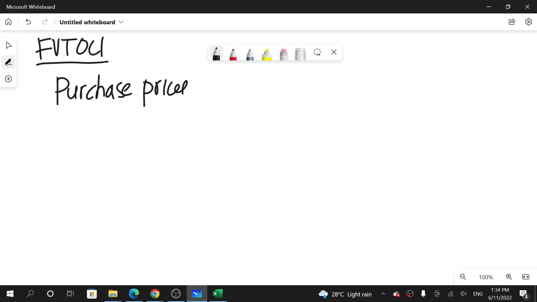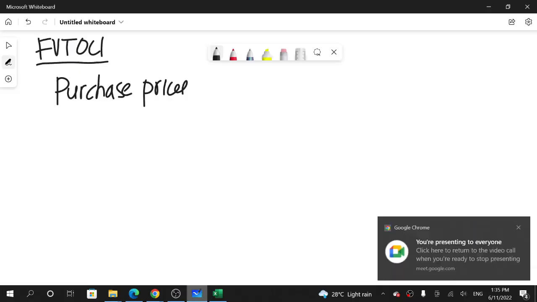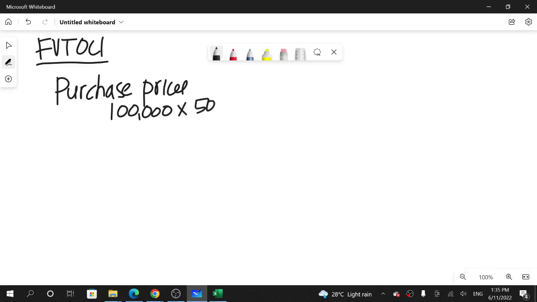They have purchased 100,000 shares and paid 50 rupees per share. So 100,000 shares multiplied by 50 rupees comes to 5 million rupees initially.